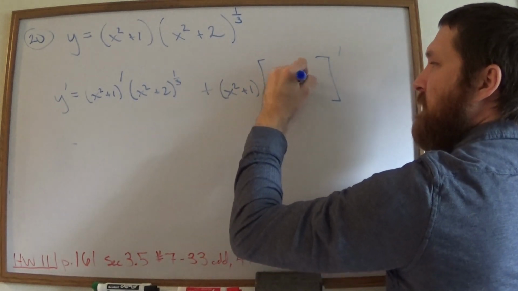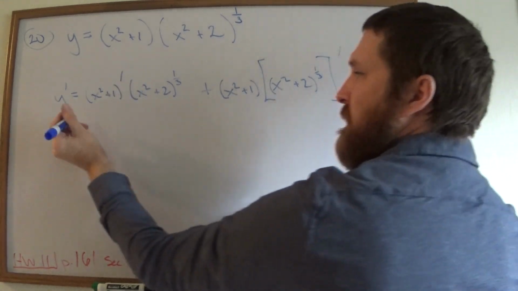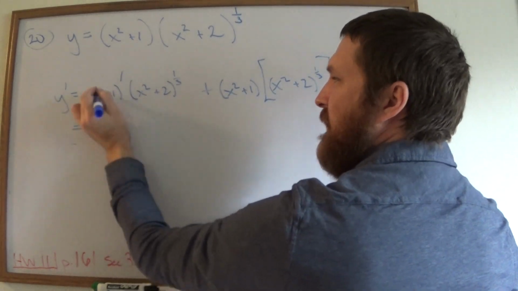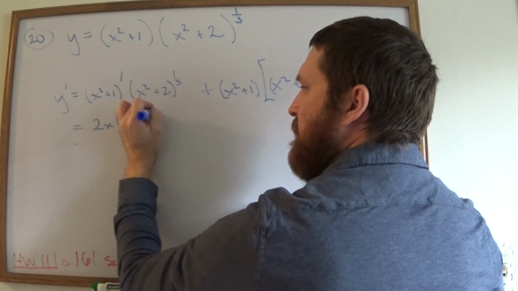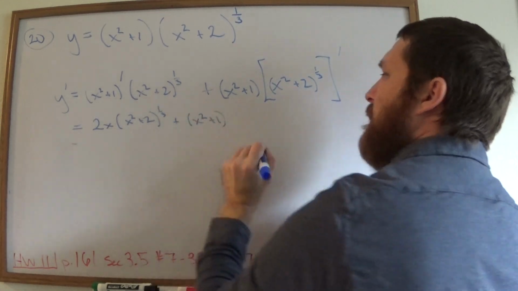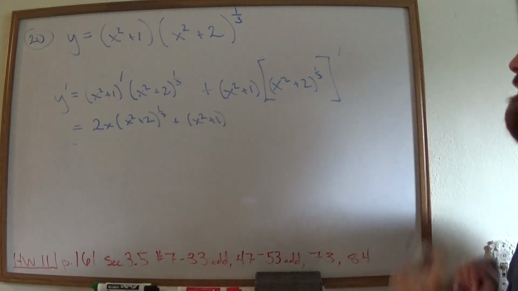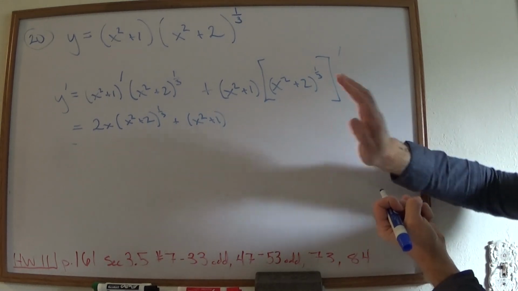So x squared plus 2 to the 1/3. Now this one's easy. What's the derivative of that? 2x. 2x times x squared plus 2 to the 3rd, plus x squared plus 1. Derivative of this: what's the outside stuff and what's the inside stuff? To the 1/3 is the outside stuff.